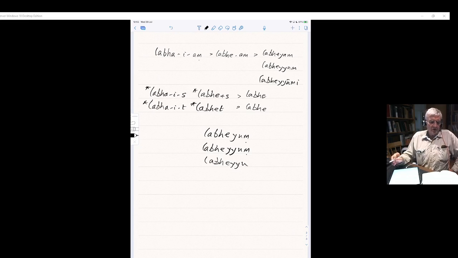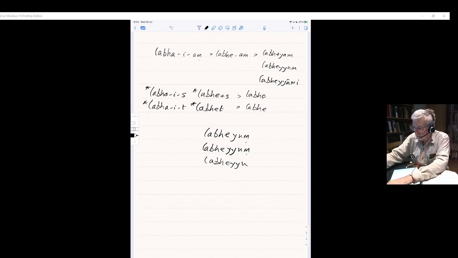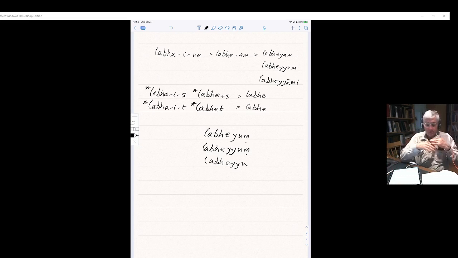Halfway down page 86. You'll see the shortened form where labheyam, labheya, and labhe are the same, just can become further shortened, just labhe.